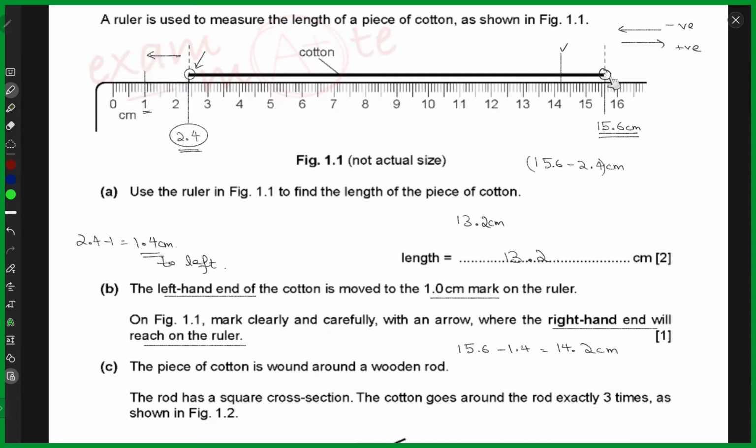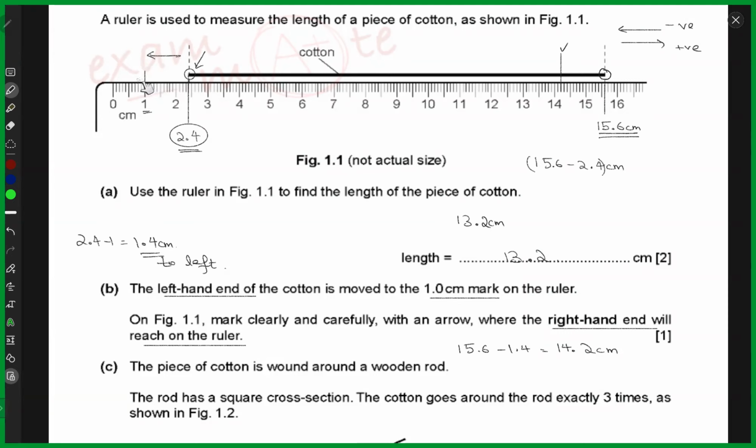Obviously, this part will also move to the left, so the cotton would slide to the left. Now, they're asking, with an arrow, where the right hand end will reach on the ruler. So if I move this to the left at 1 centimeter, then where would the other end be?